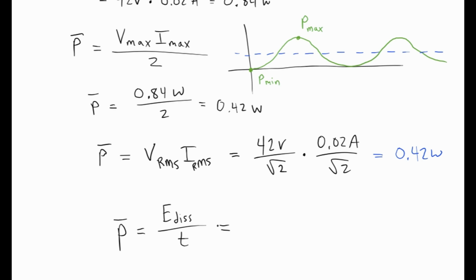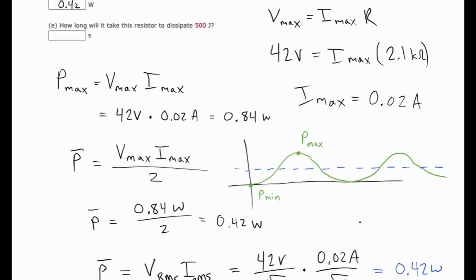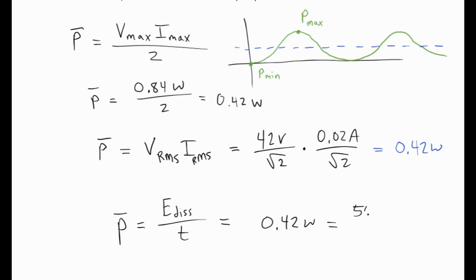And so that's going to be an average power that they're talking about there. It's certainly not giving off 0.84 watts all the time. That's the peak. So we want this. And the number of joules that it wants to dissipate is 500, so I put that up here. Then we should be able to solve for t. I get 1190 seconds.